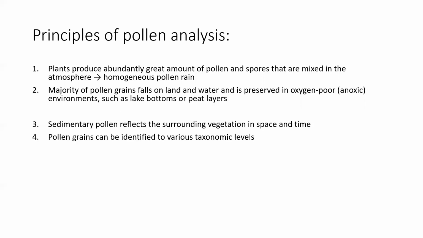Another important factor is that pollen grains can be identified to different taxonomic levels. On some occasions pollen can be identified to the species level, mostly to the family or genus level. But anyway, it is at a level that you can make interpretations of how the ecosystem or the vegetation community has changed in the area.